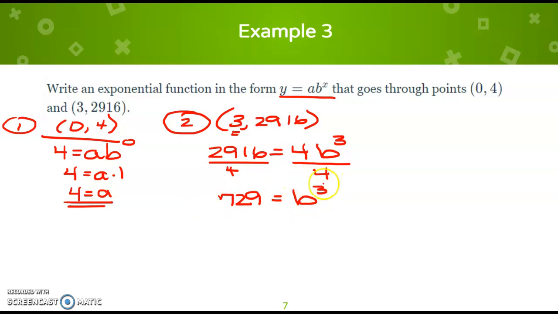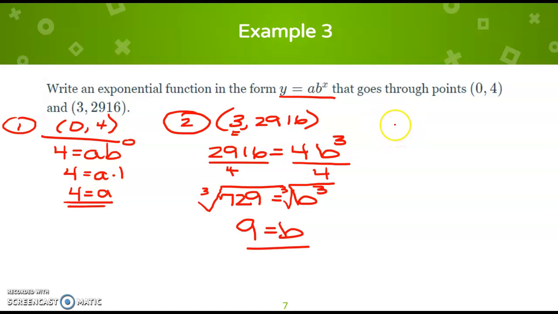I want to solve for B, so I take the cube root of both sides. I plug that in my calculator and I get 9 equals B.